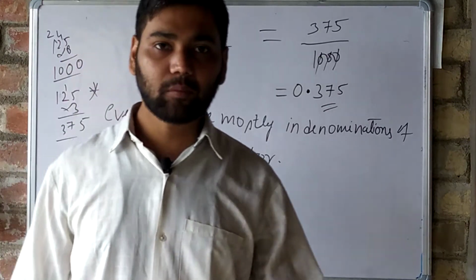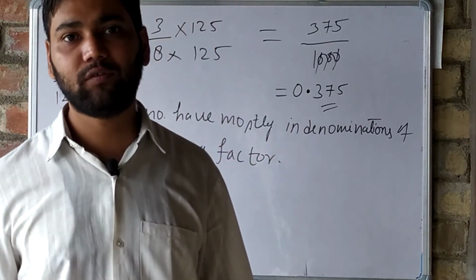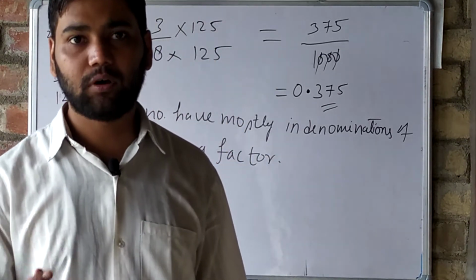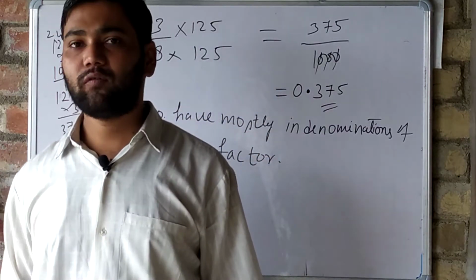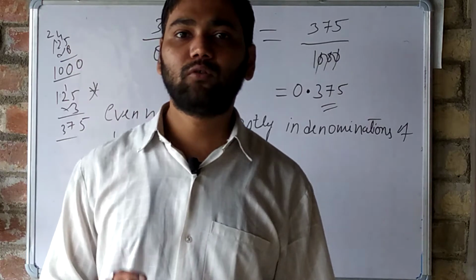This is a very important point that I have written. Sometimes we will have a prime number also, like 5 is a prime number. So 5 2s are 10. It also has a denomination in terms of 10, but odd numbers they don't have.